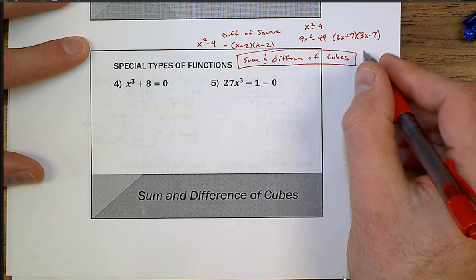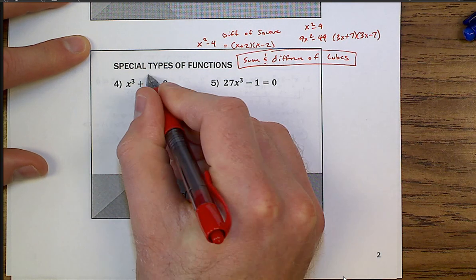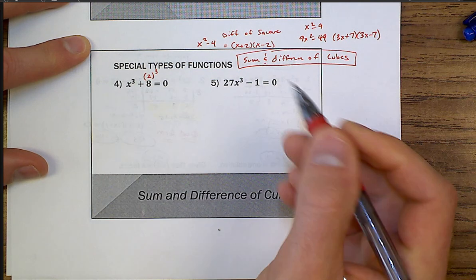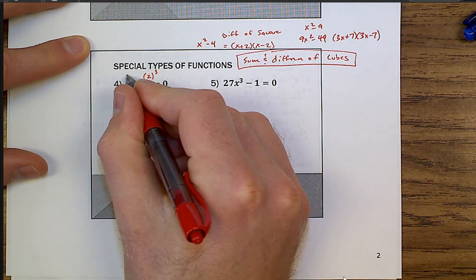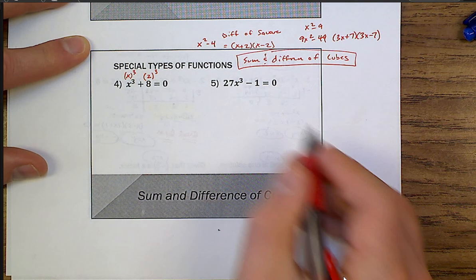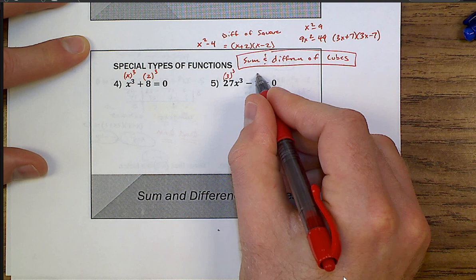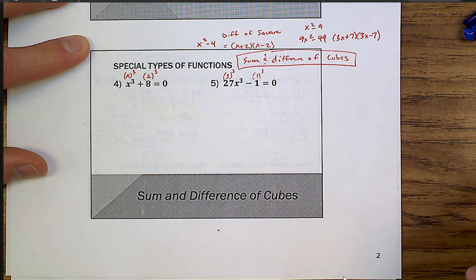Cubes, right? 8 is a perfect cube because it's 2 cubed. x is a perfect cube because it's x to the third power. 2 times 2 times 2 is 8. 27, 3 cubed, right? 1 is always a perfect cube or a perfect square because of 1 cubed.